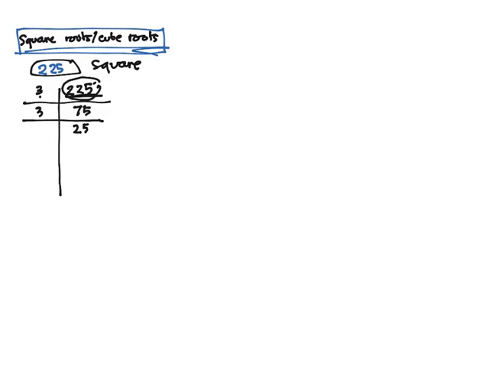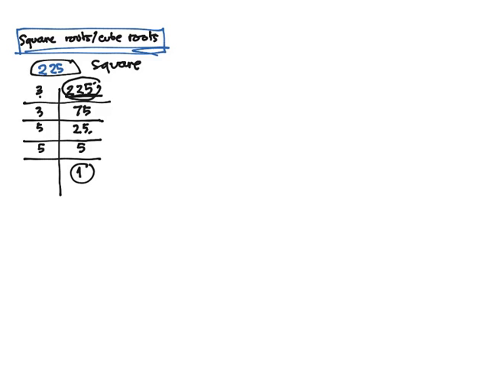Then the question is, can we divide 25 with 3? Because we cannot do that, we move to the next prime number, which is 5. That's how we get 5 here. And then we divide 5 by 5, and then we get 1. So if we already get 1 in this problem, then we are finished.